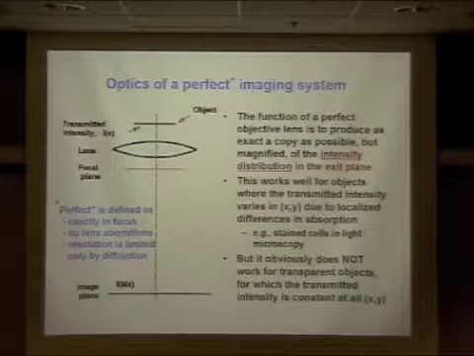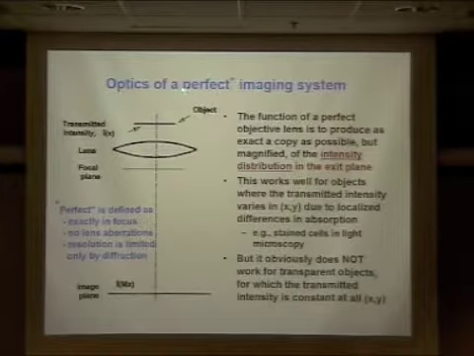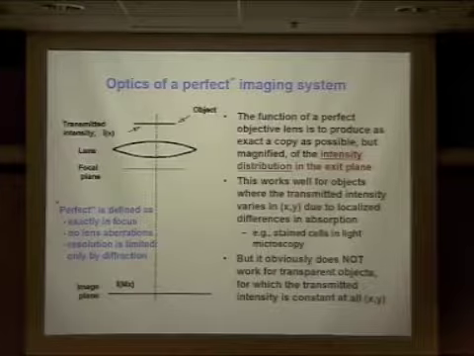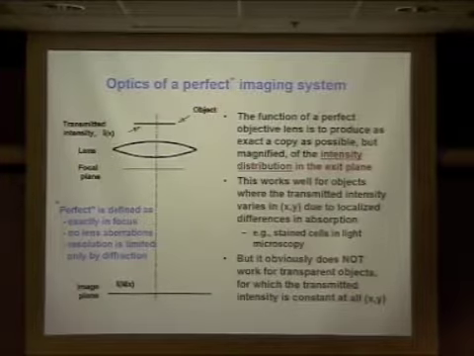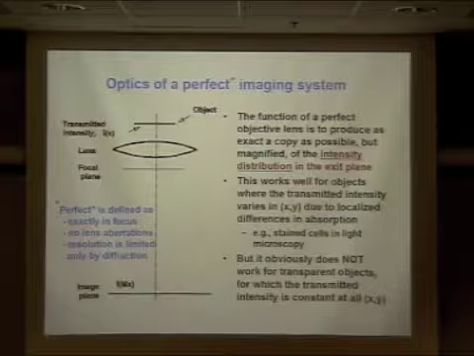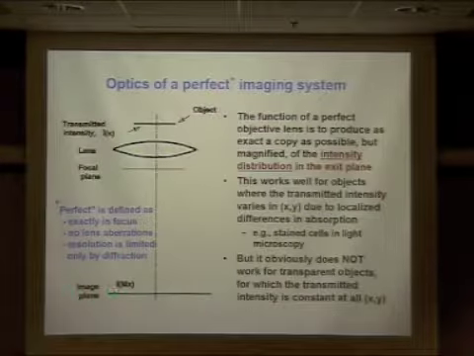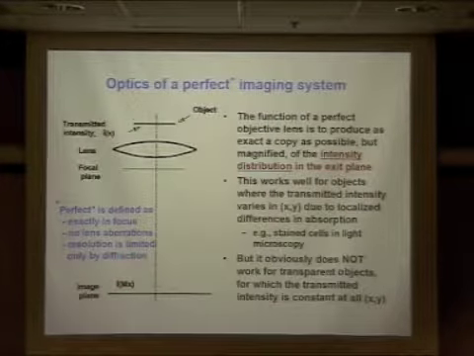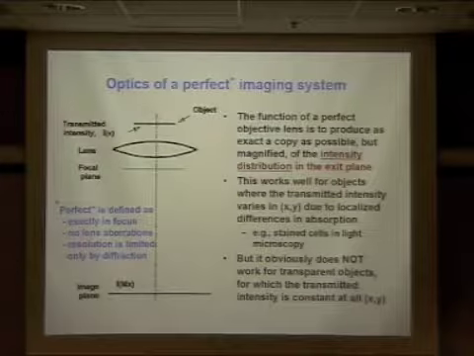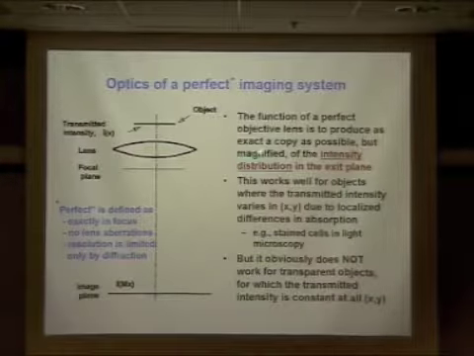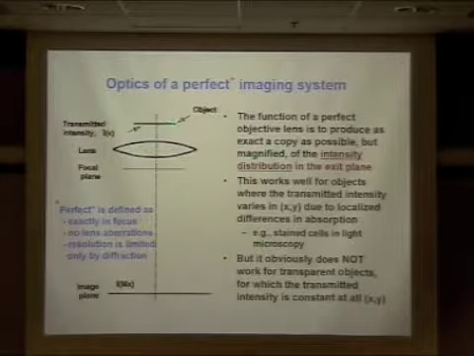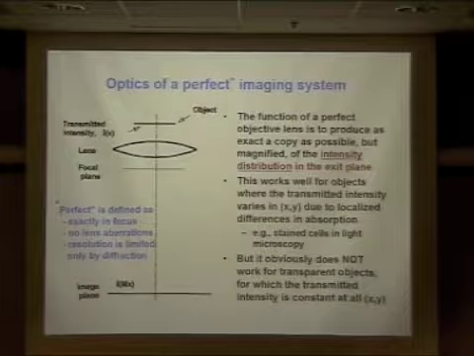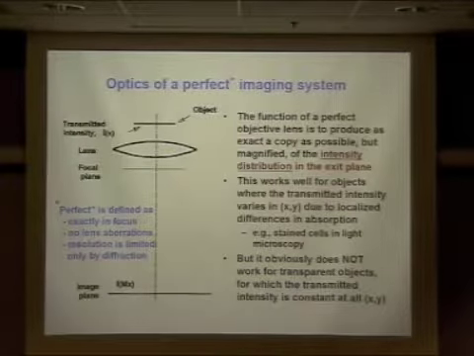Now, already getting into something that may be a little bit controversial, the ideal goal of making a perfect optical system, a perfect microscope, is to produce at the image plane a magnified version of the intensity of the transmitted wave in the exit plane.